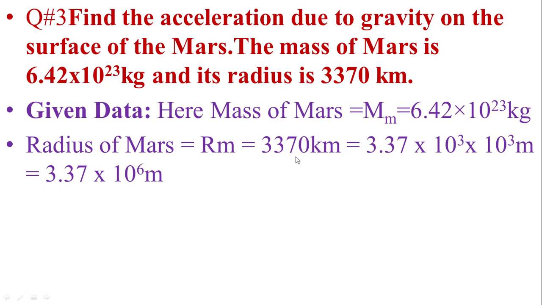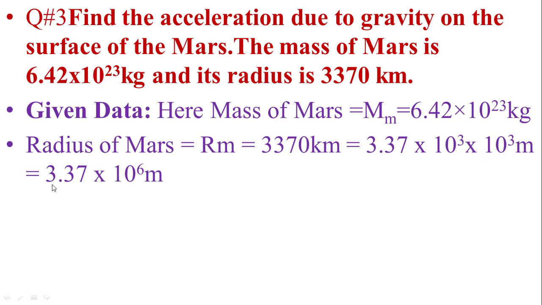Now change to scientific notation: move the decimal place from this point to this point, 1, 2 and 3. It can be written as 3.37 multiplied by 10 raised to power 3, and 1 kilo is also equal to 10 raised to power 3.